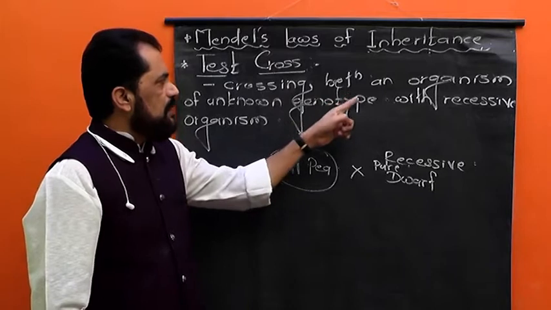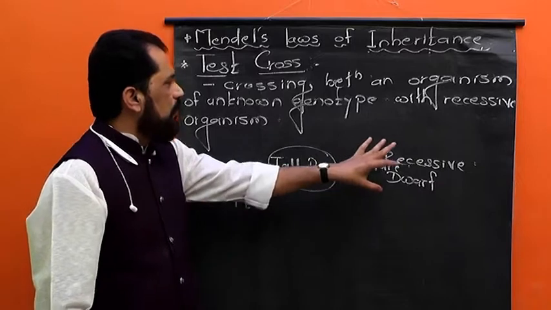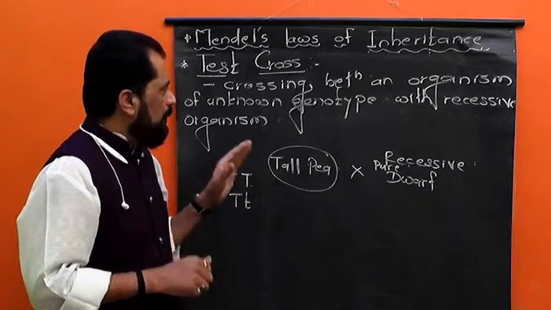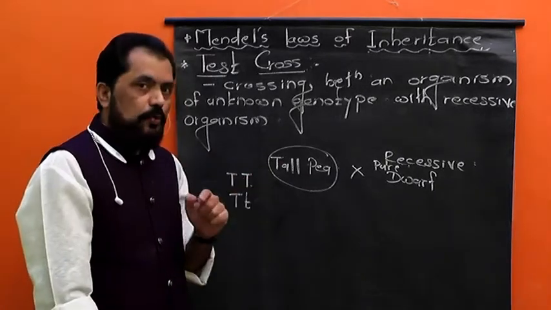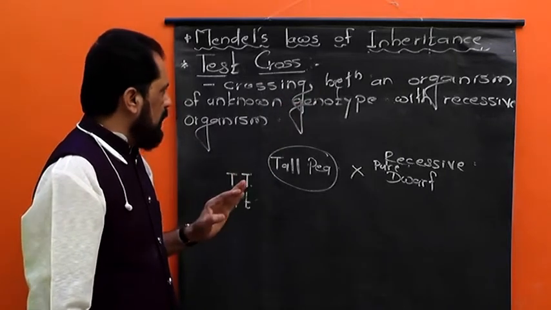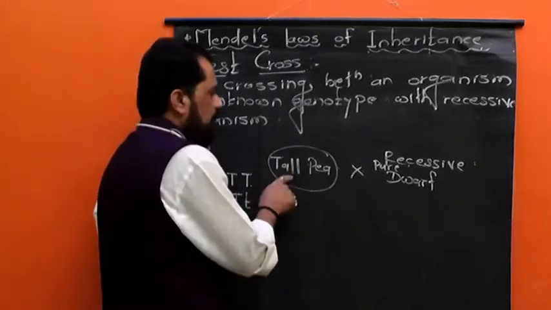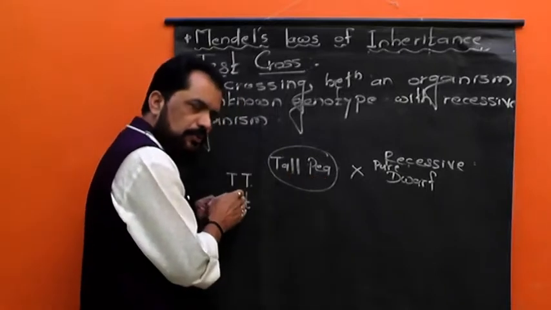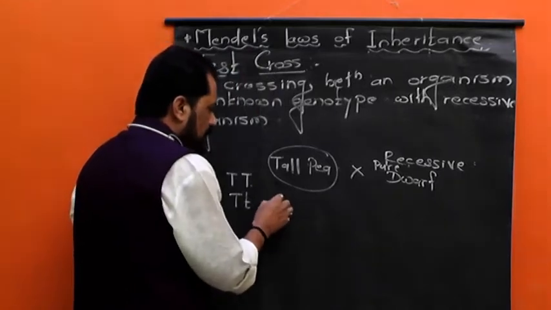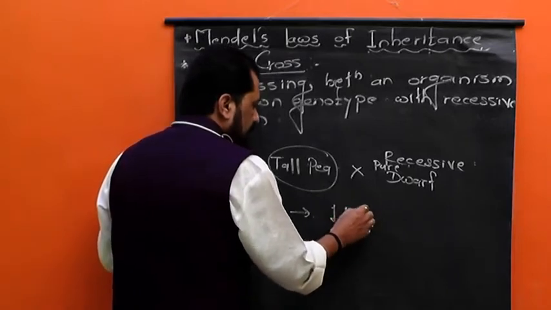Test cross is the crossing between an organism of unknown genotype with a recessive organism, and I already told you the purpose of this test cross is to know the genotype of any particular organism of unknown genotype. Now when the tall pea plant of unknown genotype is crossed with pure dwarf, whatever ratio is obtained in the F1 generation, if it is 1:1.